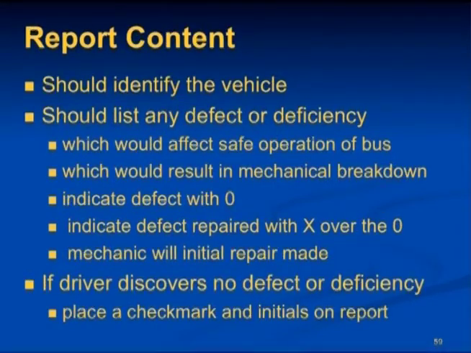The report content should identify the vehicle and list any defect or deficiency which would affect safe operation of the vehicle or result in a mechanical breakdown. If the driver discovers no defect or deficiency, place a check mark and initial the report.